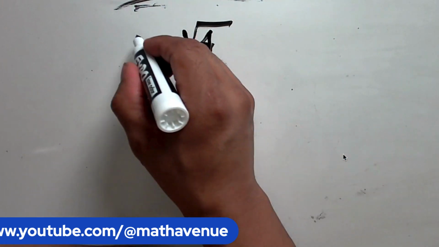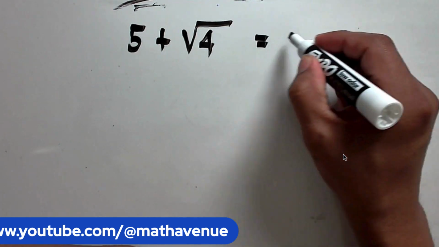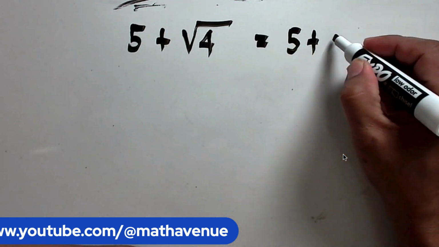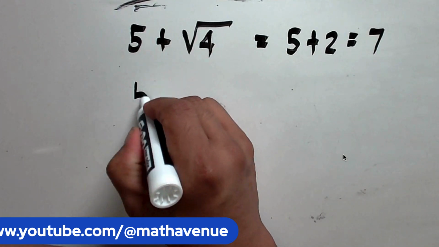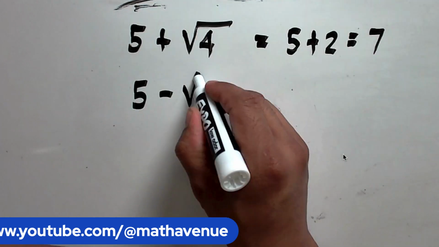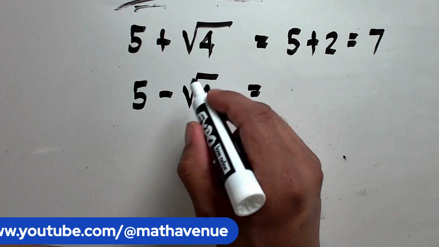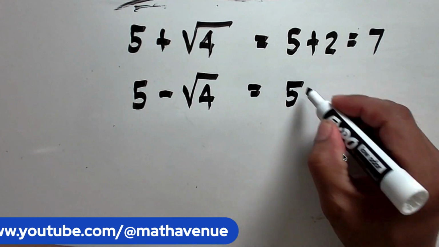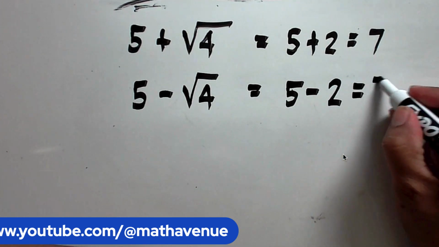So that when you have, let's say, 5 plus square root of 4, then we know that this is equal to 5 plus 2, which is equal to 7. Whereas, if you want 5 minus square root of 4, we know that we want the negative of square root of 4, because we have 5 minus 2, and this is equal to 3.